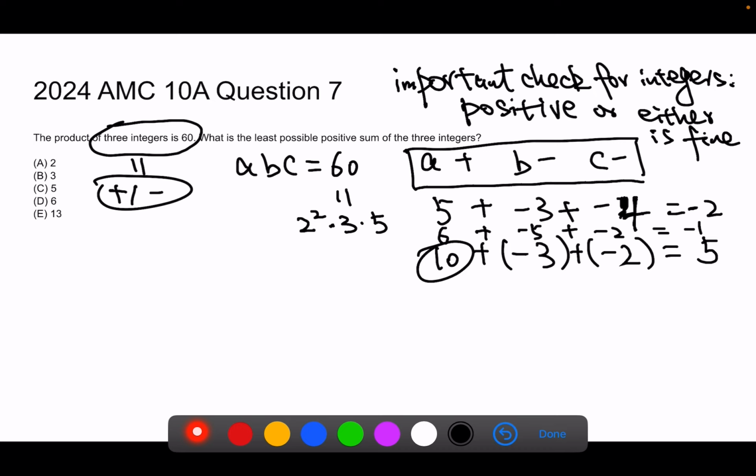What can you do about the 3 and 2 then? Is there any way to make that sum even smaller? One choice is 10, -6, and -1. That does reduce it even further. That's 3.